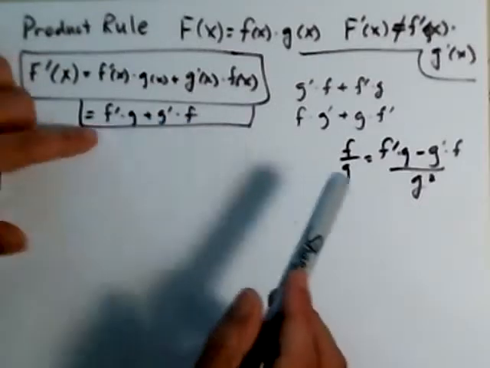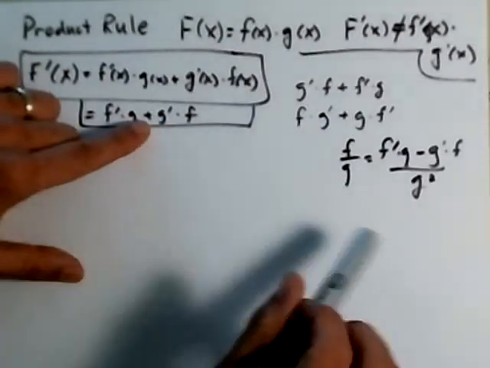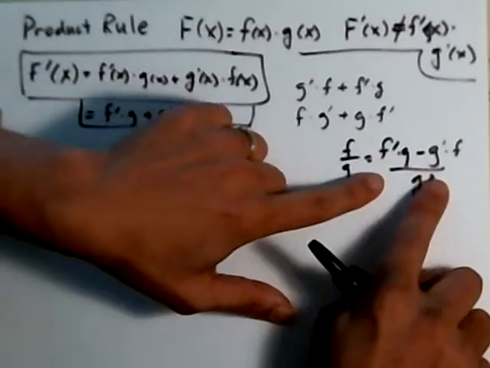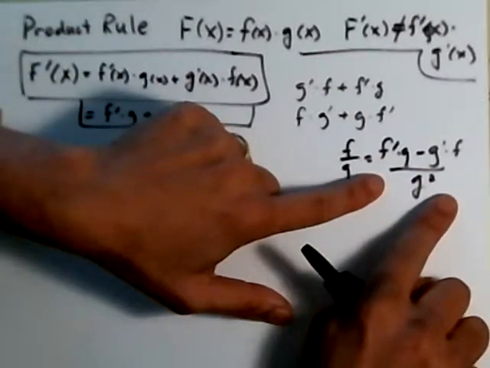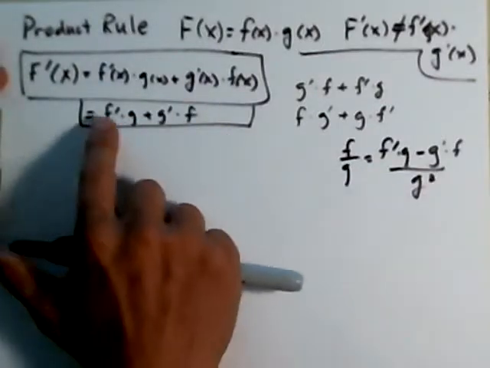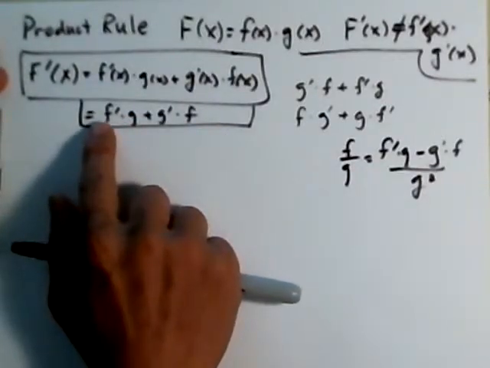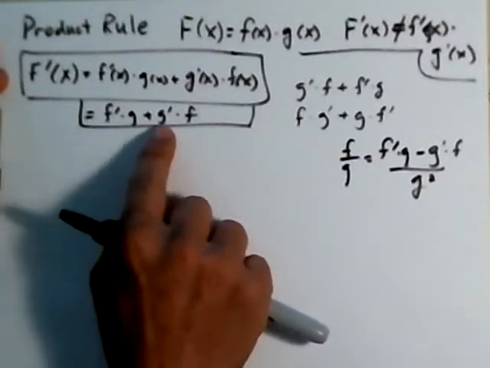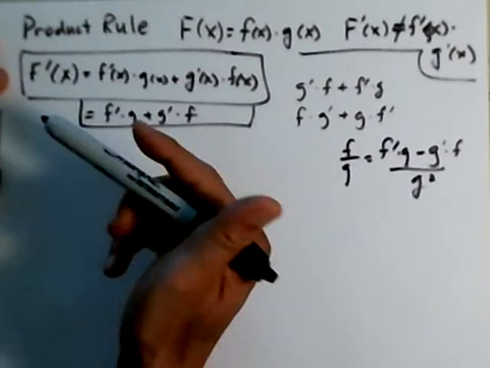If you memorize it this way, the only difference is that you have a plus here and a minus here. So once you memorize the product rule this way, the quotient rule becomes extremely easy to memorize. It's the derivative of the first function times the second plus the derivative of the second function times the first function.